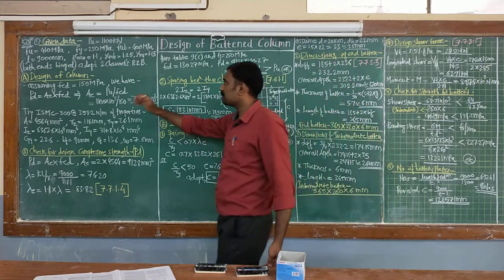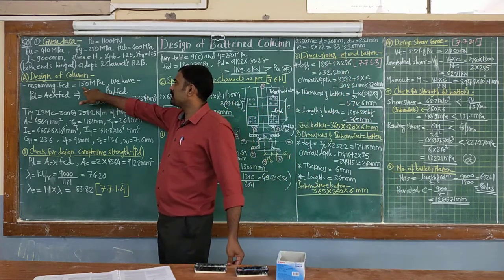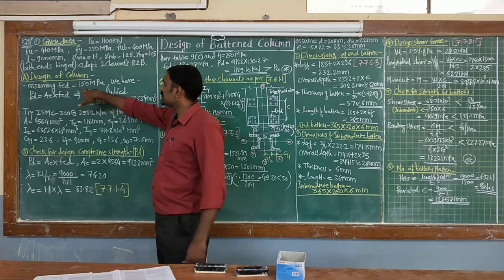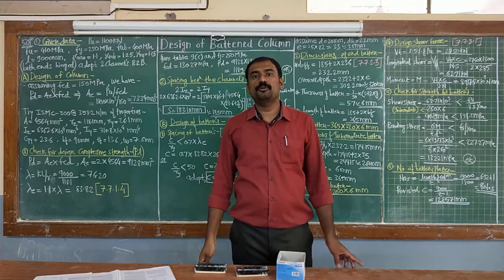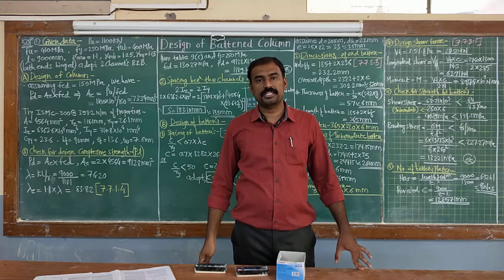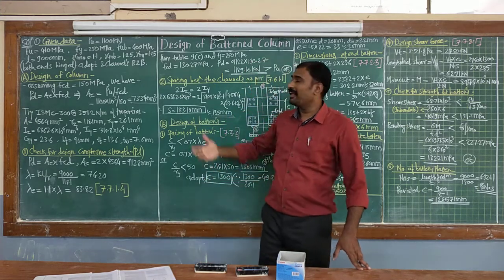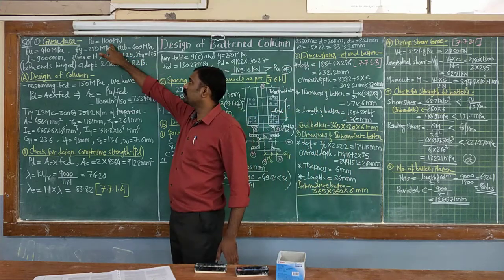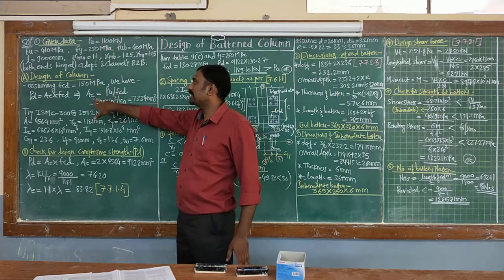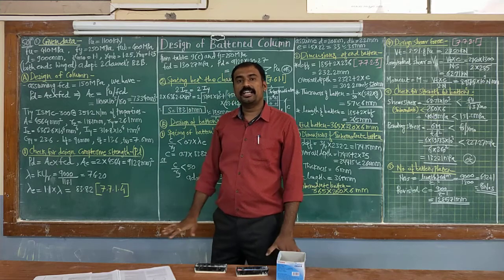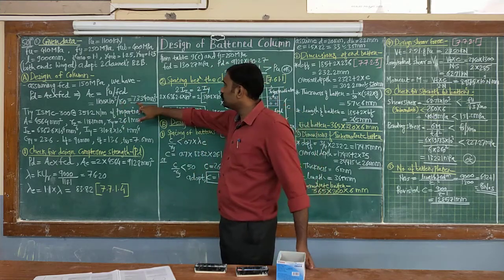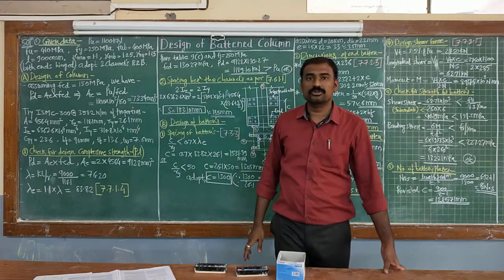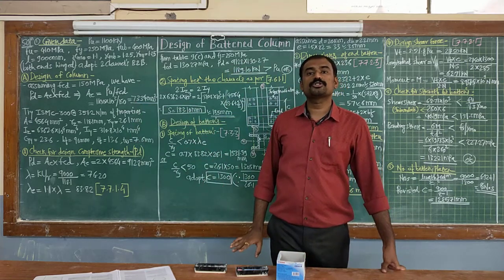So for this numerical, suppose I am adopting your FCD value, that is design compressive stress, as 150 MPa, and we are having design compressive strength formula PD equals area effective into FCD. Using the value of given loading 1100 kilonewton and assumed FCD value, you can calculate the area required. So area required will be load divided by your assumed FCD value. So we are getting value 7334 mm square.